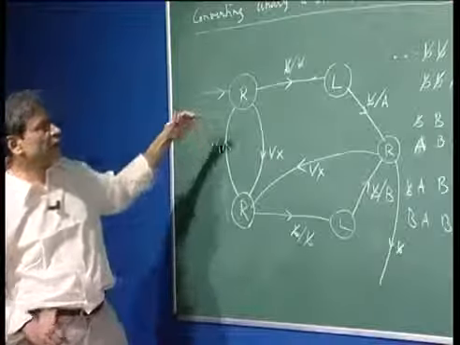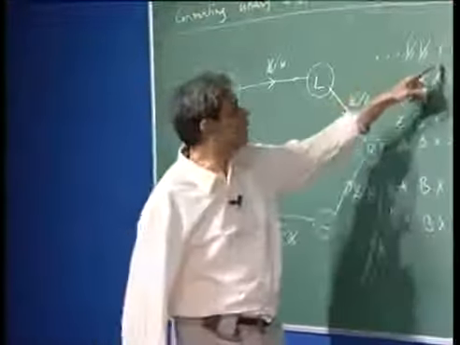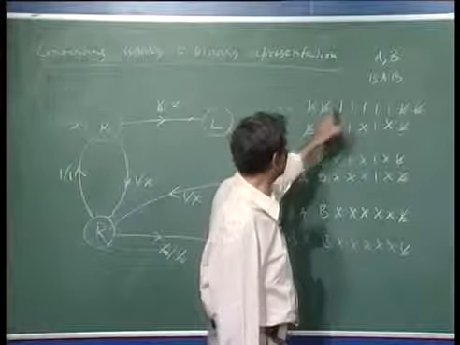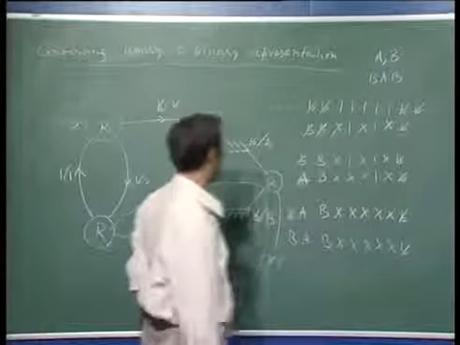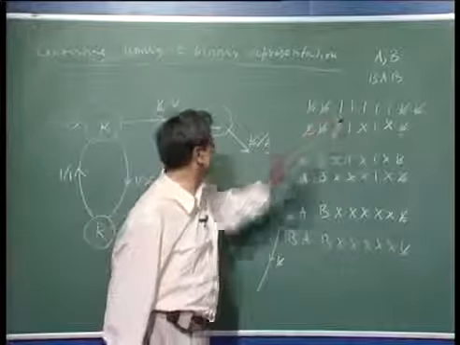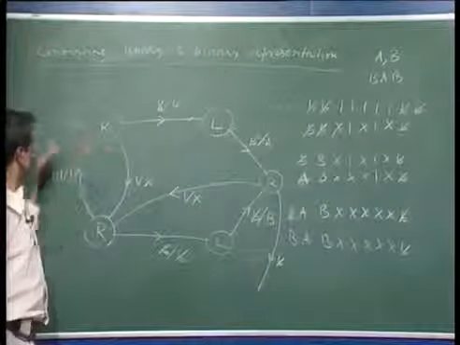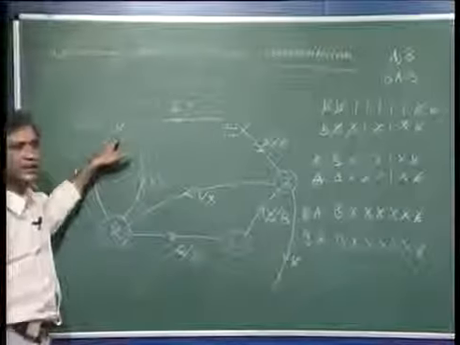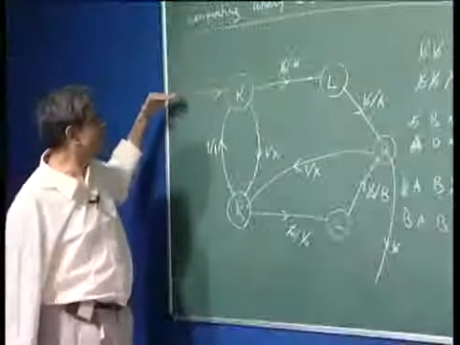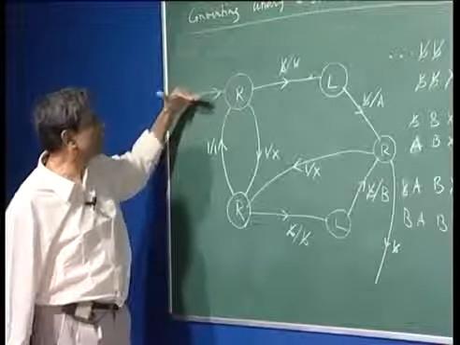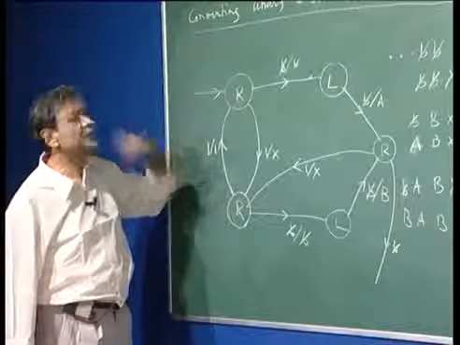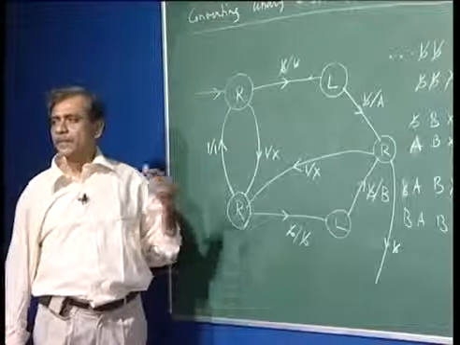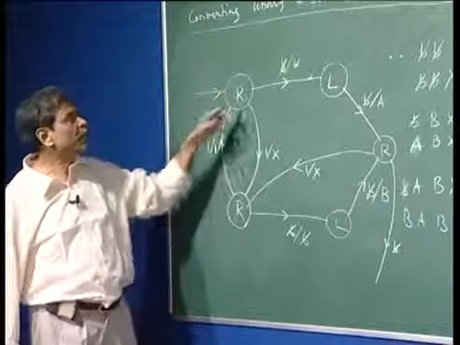So, remember that the machine would start at the leftmost one of a block of ones which are flanked on both sides by blanks. The machine would start here, and in this state, why this is the state? How do we know from this transition diagram that this is the initial state? Because there is an arrow coming from nowhere into this state, which indicates that this is the state in which we start the operation.